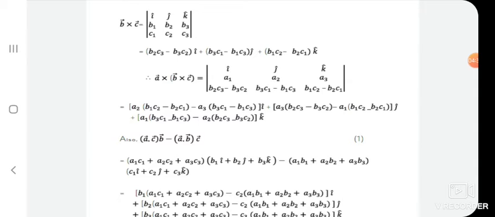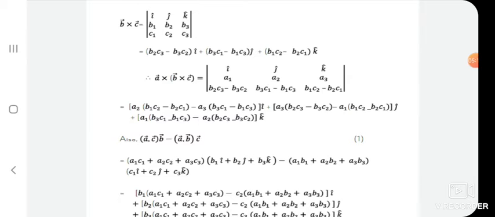If we solve this determinant, it gives (b2 c3 minus b3 c2) i cap plus (b3 c1 minus b1 c3) j cap plus (b1 c2 minus b2 c1) k cap. So b cross c gives a resultant vector which has (b2 c3 minus b3 c2) i cap plus (b3 c1 minus b1 c3) j cap plus (b1 c2 minus b2 c1) k cap.